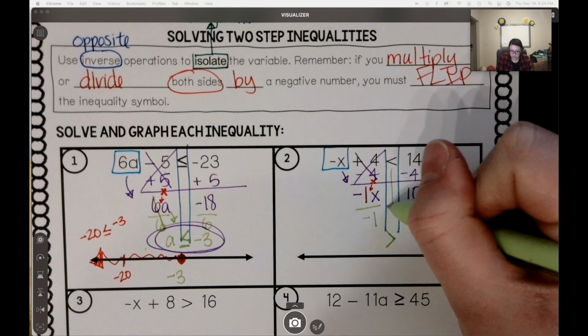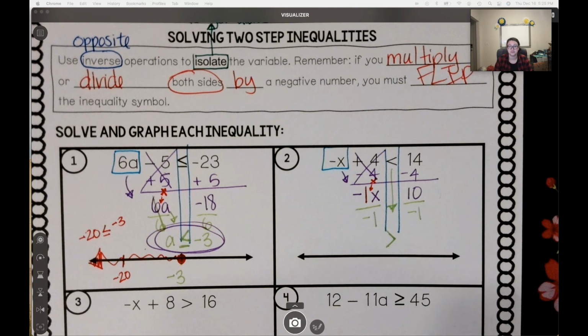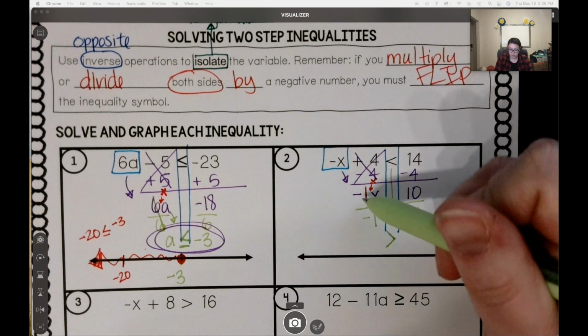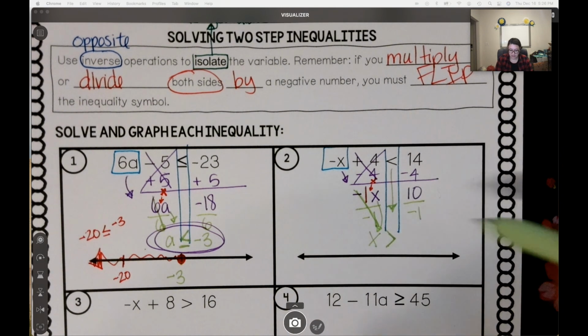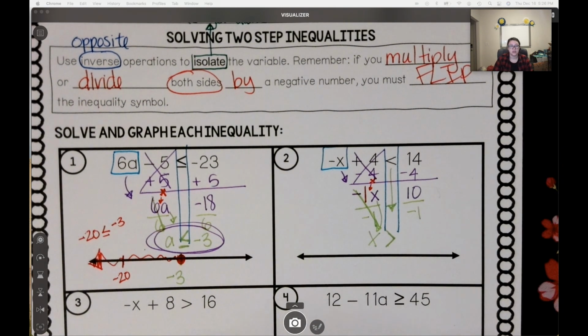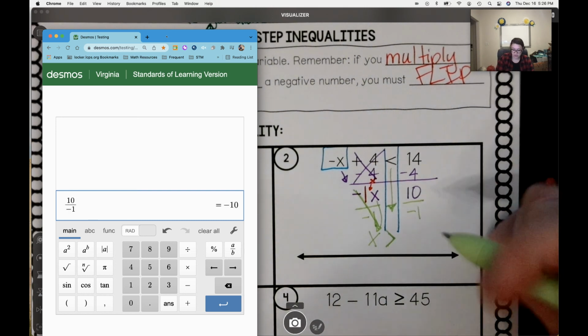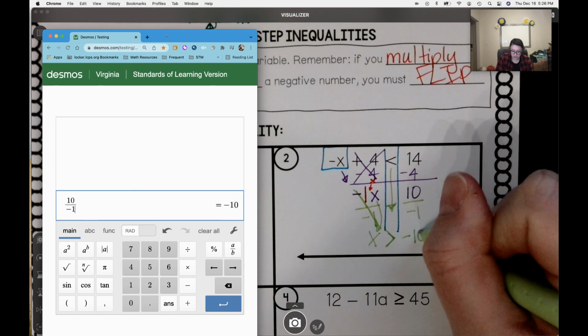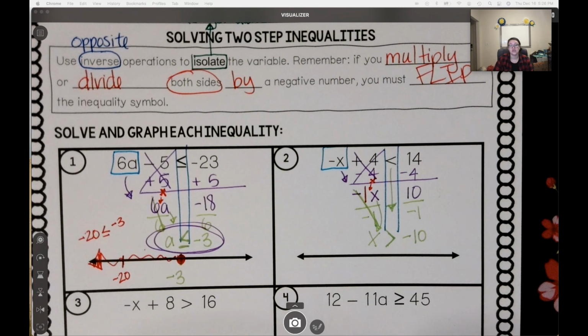My negative 1s cancel out. I bring down my x. 10 divided by a negative 1 gives me negative 10. So we get x is greater than negative 10.